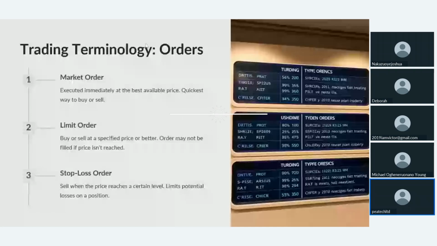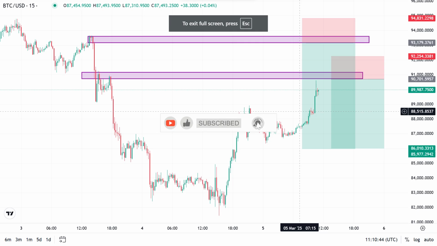We don't want to jump into the market just yet. We want to wait for the price, then we enter. That is what limit order is. And if the market does not get to that point, then that trade will not be executed. It means we have lost that particular entry, right? Let me hold on, trying to load up something here.